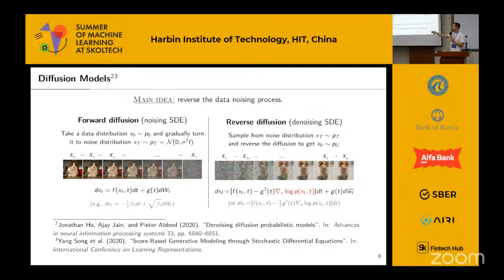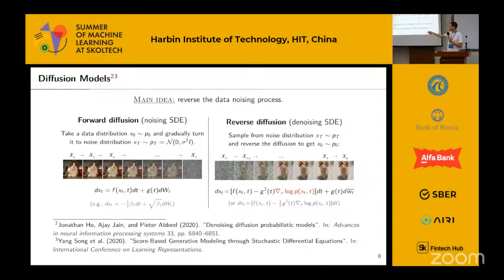In mathematical terminology, it means that we write down some diffusion process which is guaranteed to gradually transform your data distribution P0 to some particular easy-to-sample and known distribution, for example random noise, a normal distribution with some fixed variance like 1 or sigma or whatever.